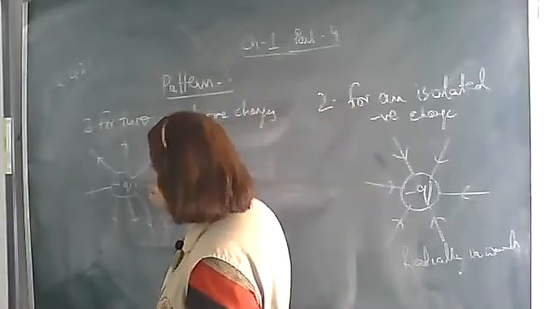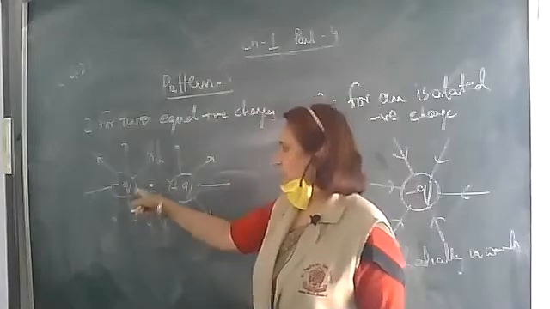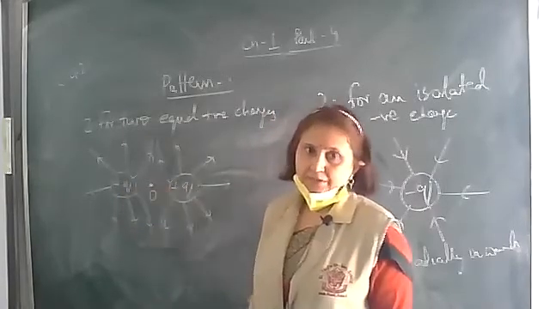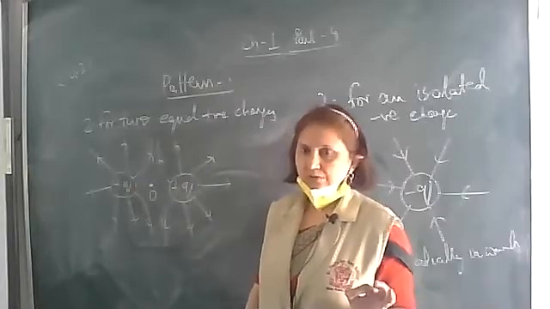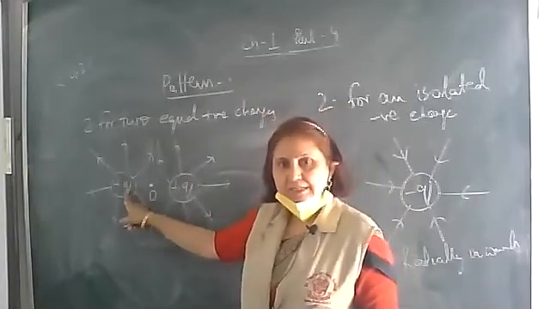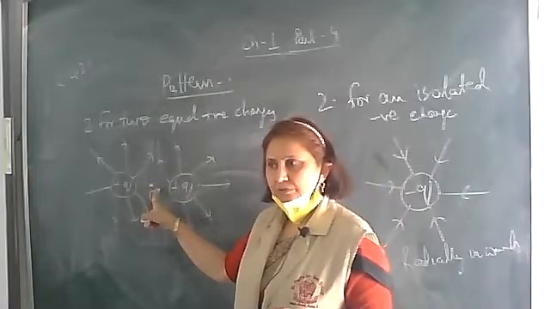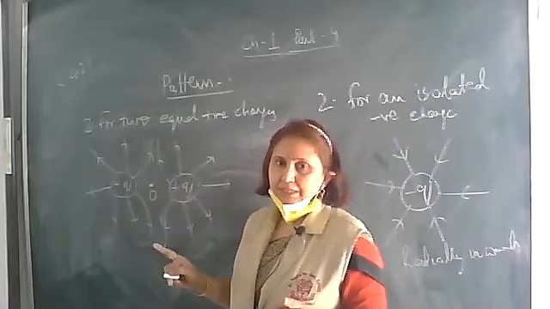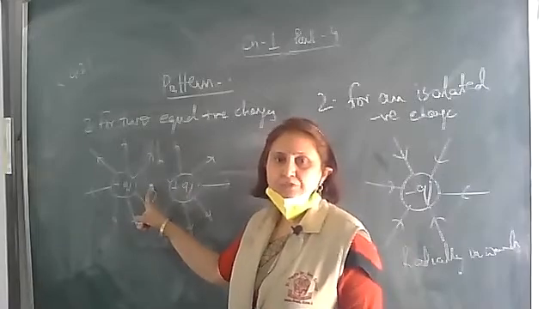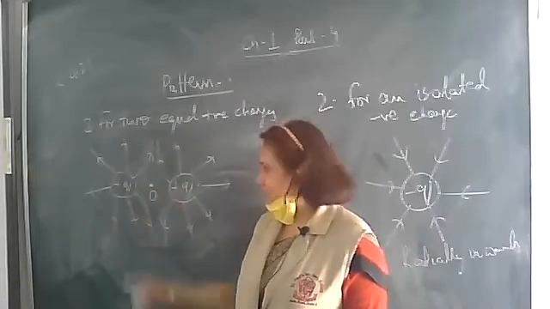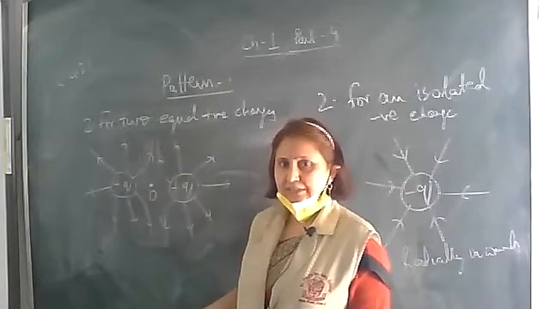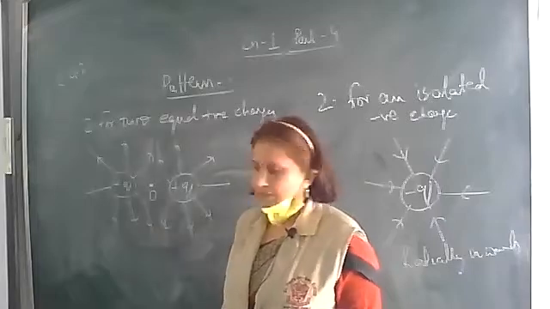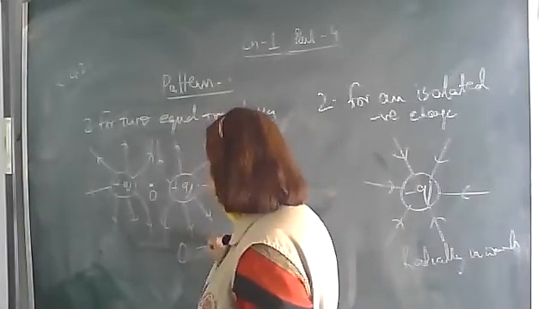Now at the center point, on the line joining the two charges, the net electric field will be zero. Why? Because due to this charge there will be some electric field at point O, and due to the other charge there will also be some electric field at point O. The magnitude will be the same, but the direction will be opposite. So what will be the net electric field? As you can see, there is no electric line of force at the center. So the net electric field at point O is 0. O is called the neutral point.